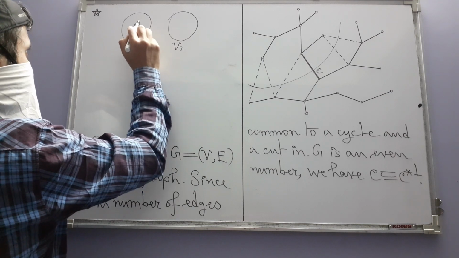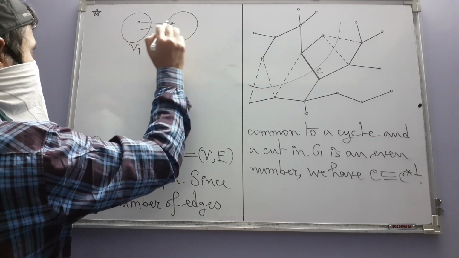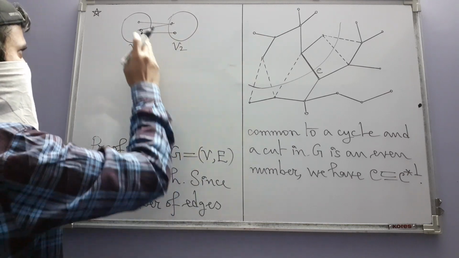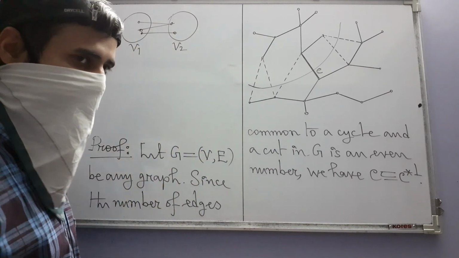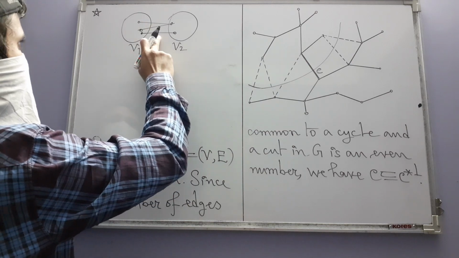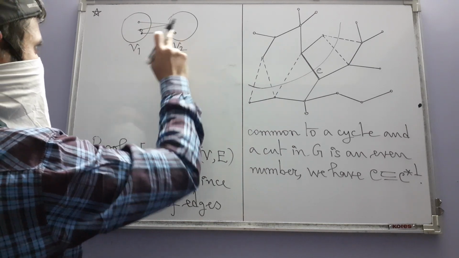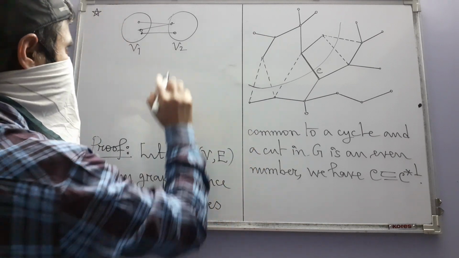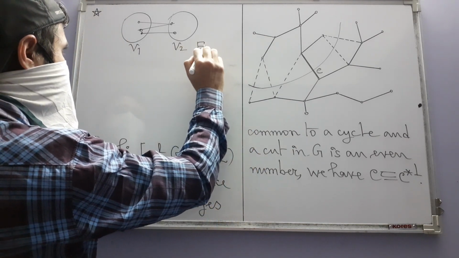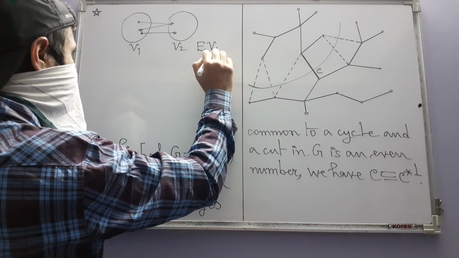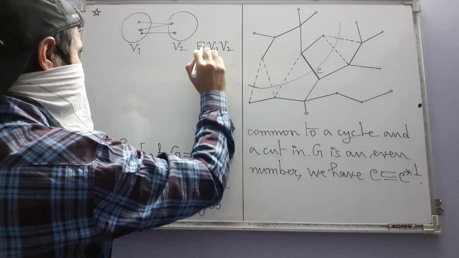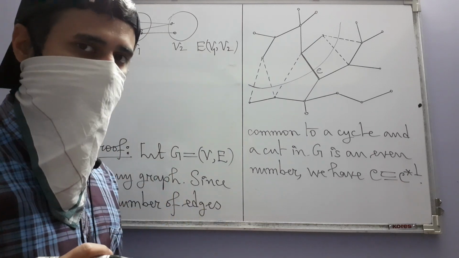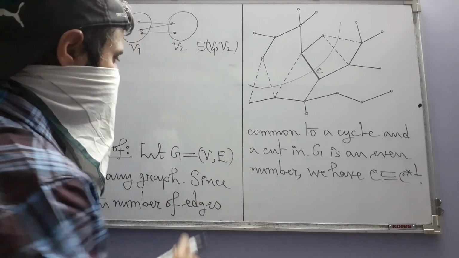And the set of those edges, all the edges that run between V1 and V2, that is those which have one end in V1 and another end in V2, form a set of edges which we are denoting by this symbol, and such sets we have called cuts, right?